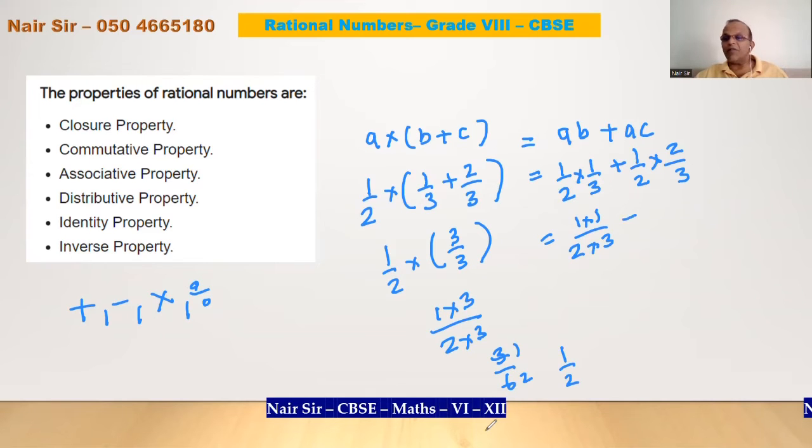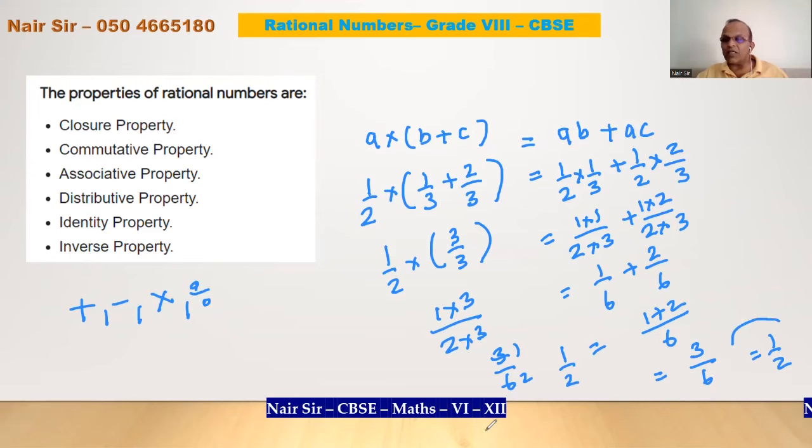There are some steps which you can skip, but skip only if you are 100% sure. 1 upon 6 plus 2 upon 6, and that is nothing else but 1 plus 2, which is 3 upon 6, which is equal to 1 upon 2. So my RHS is 1 upon 2, my LHS is 1 upon 2.